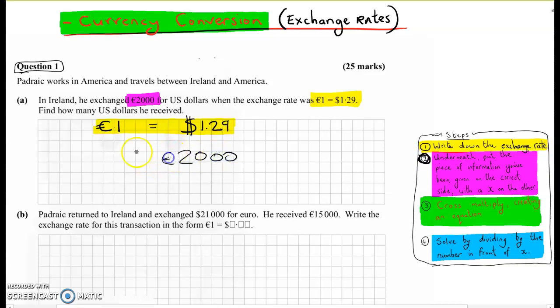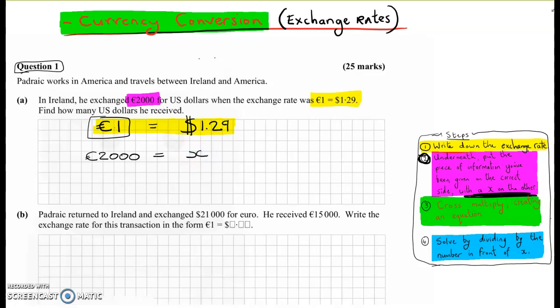Do I put it here, or do I put it here? That's the question. Well, it's €2,000, isn't it? So I need to put it on the euro side, which is over here. So I'm going to write €2,000 here equals, and you put an X on the other side. X. So that's step 2 done.